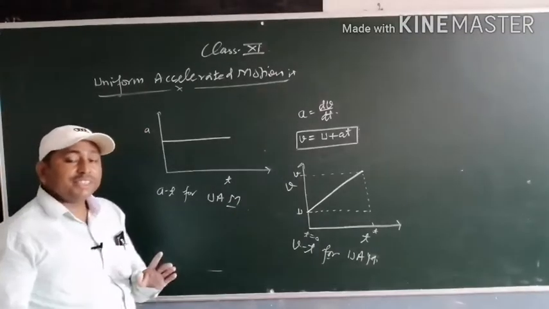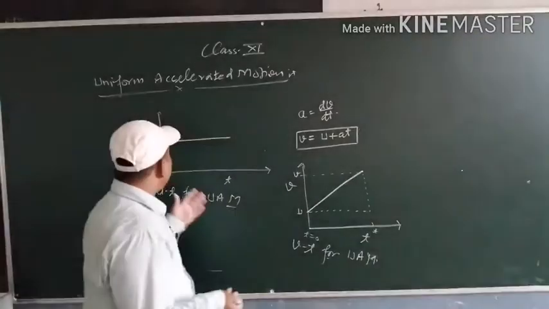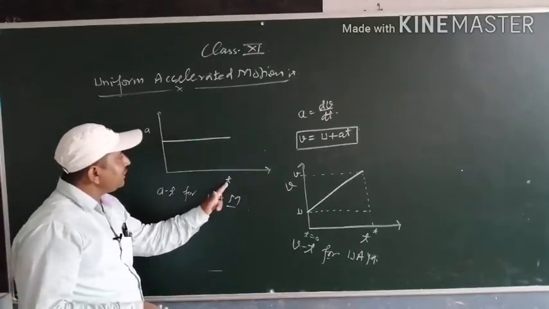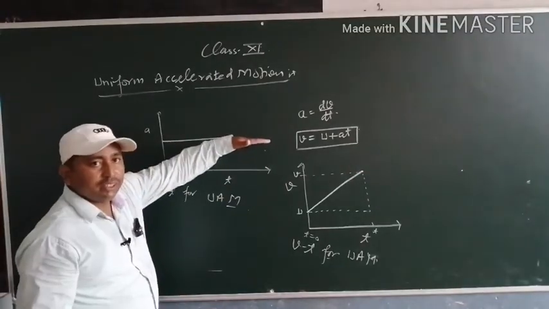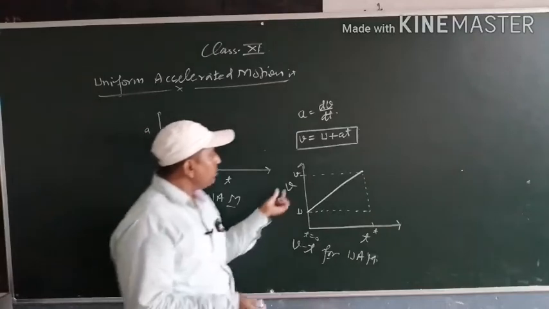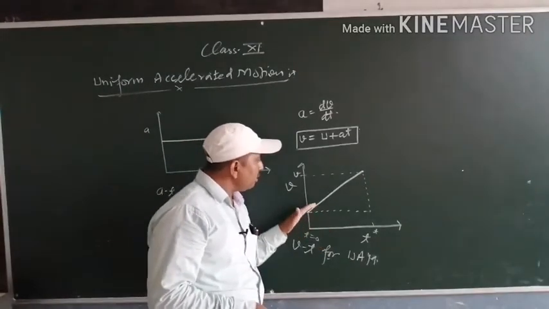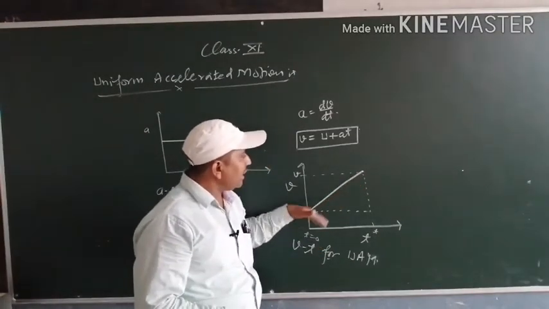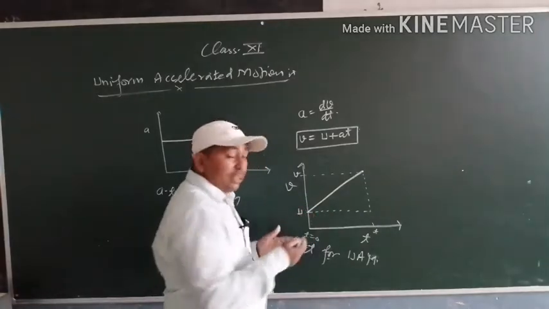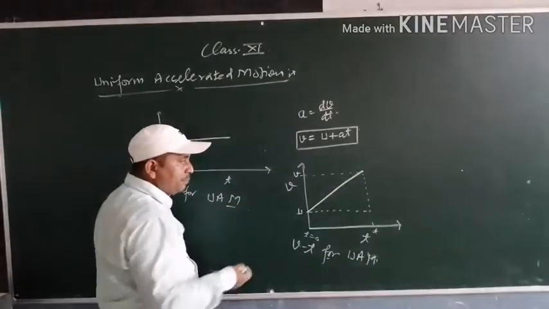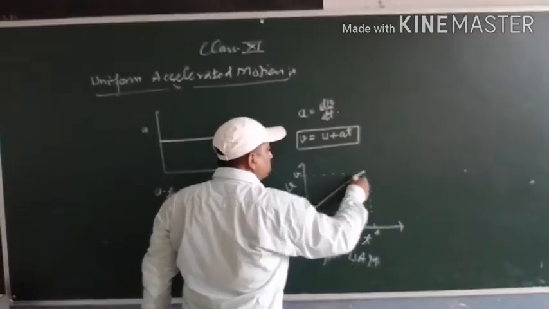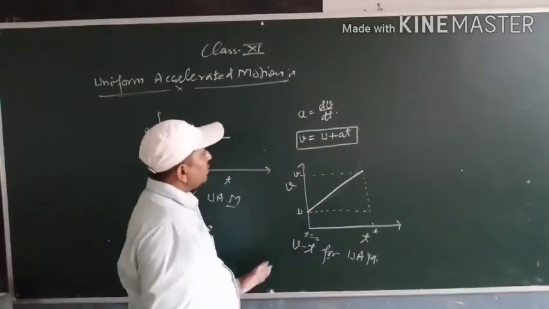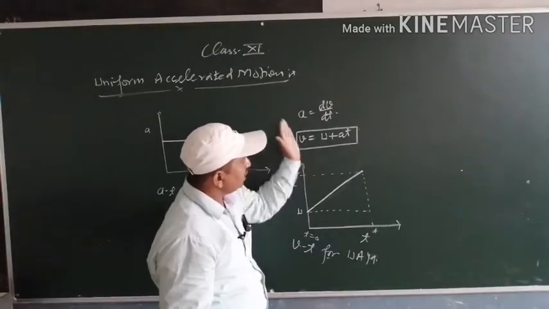If the acceleration is non-uniform, then the plot of A and T will not be linear, so the velocity-time graph will also not be linear. If the acceleration increases with respect to time, then this line goes along the vertical direction, or velocity axis.